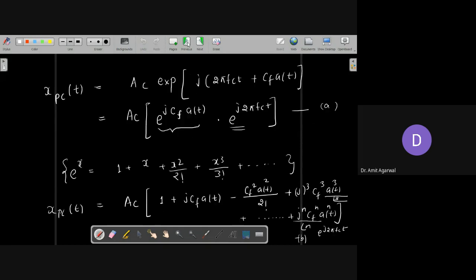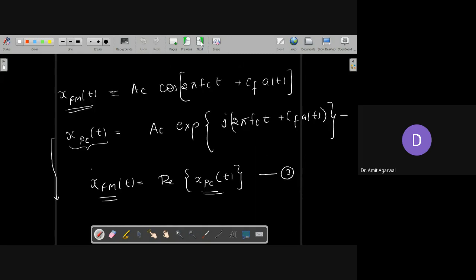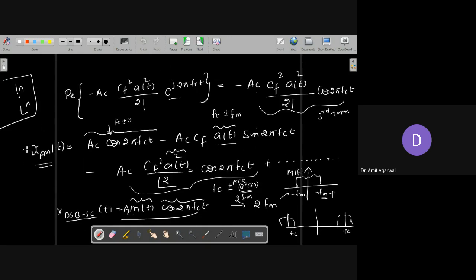Now our aim, if you remember, was to analyze the bandwidth of this frequency modulated signal. If we write our frequency modulated signal in this form, it is easier to analyze the frequency content of this signal. Term by term, the first term is nothing but the carrier signal, and the second term is the sinusoidal signal multiplied with A(t). If you remember DSBSC amplitude modulation, its form is AC m(t) cos 2 pi fct.